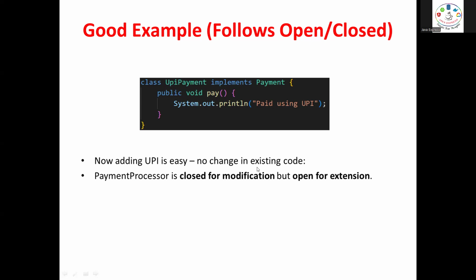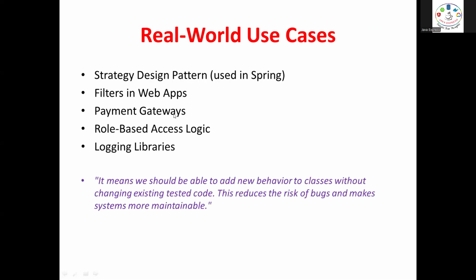This is the violation of this principle, and this is how you can refactor the code as well. Real world use cases: the strategy design pattern is used in Spring filters. You have multiple existing filters, and you can add new filters also. Payment gateway, role based access, logging libraries. Existing we have SLF4J, Log4j, utils, different types of logging.